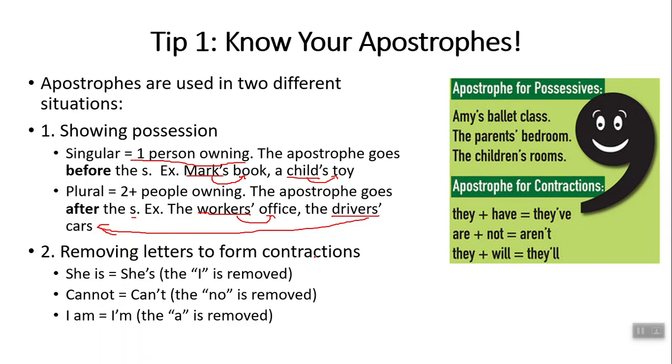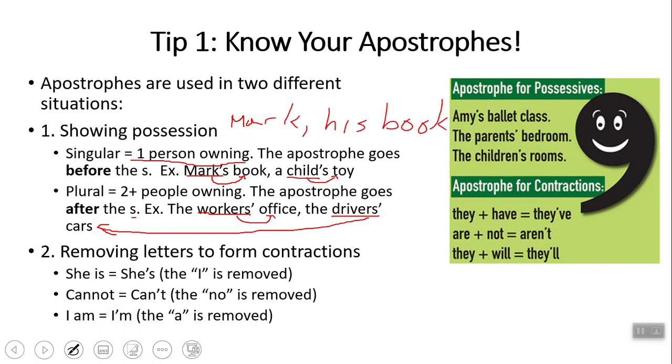Now, at one point, I had a teacher who said the reason for showing possession is that a lot of times in the very early days, she said it would be something like, sorry for my writing here, Mark his book.